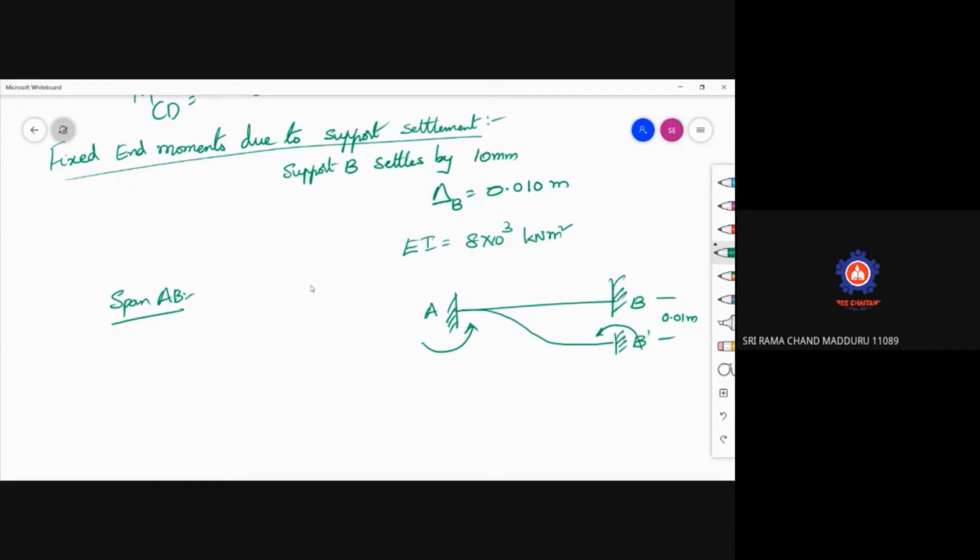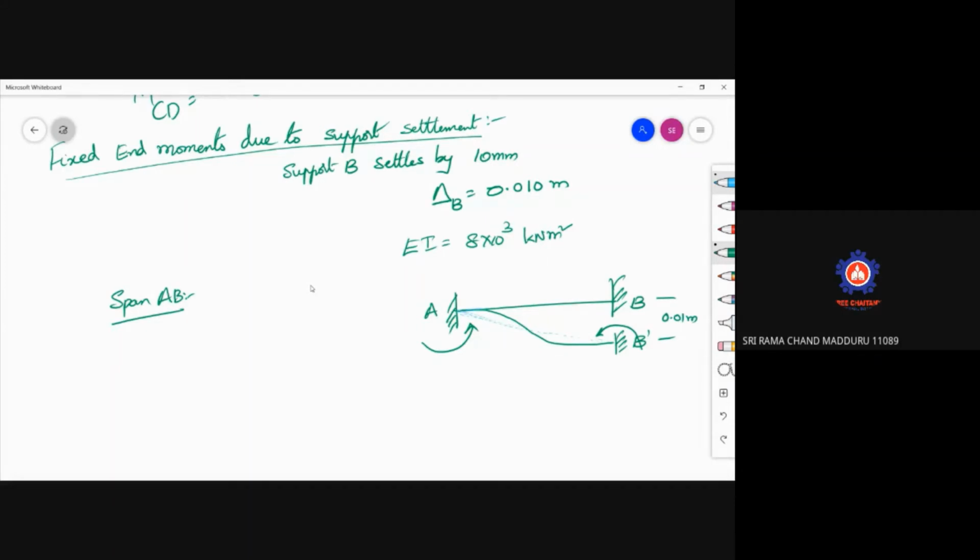How can you remember this direction? Just understand, when a support settles here, it tries to bend like this. But due to the fixity at this point, the support cannot go like this. So the elastic curve of the member, or deflection profile, will not be like this. That's why it will be converted like this.